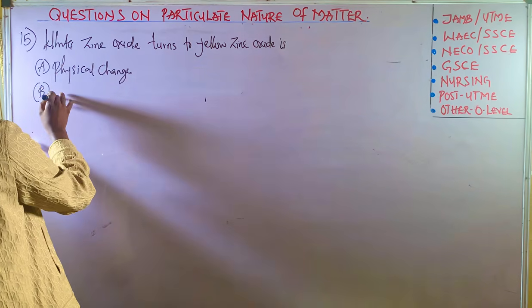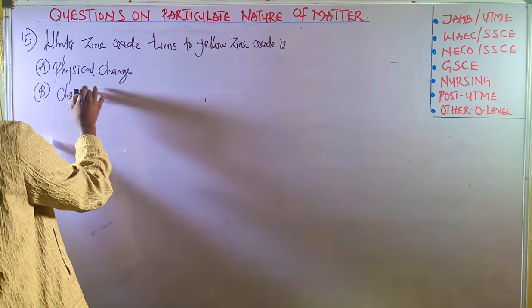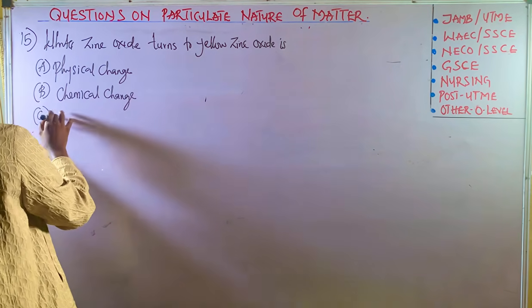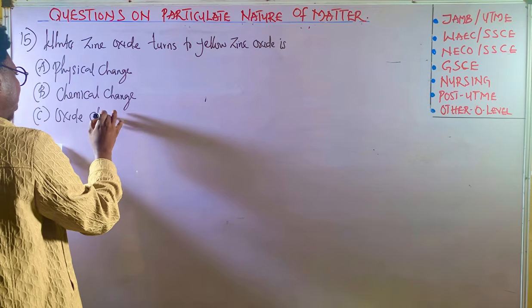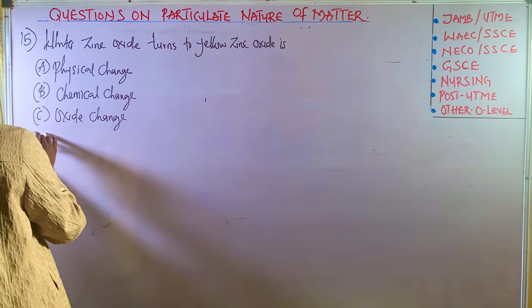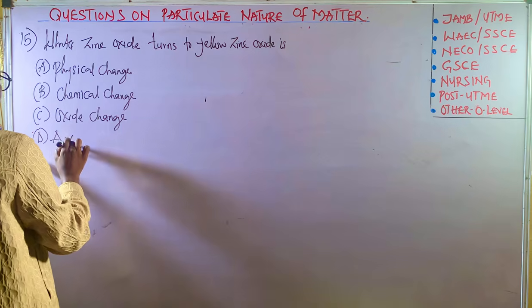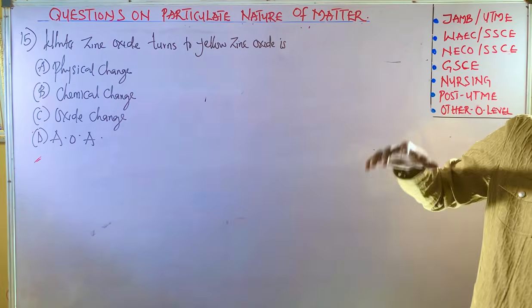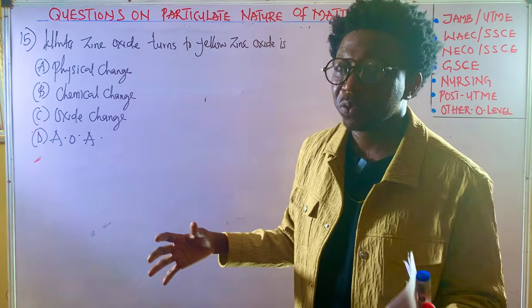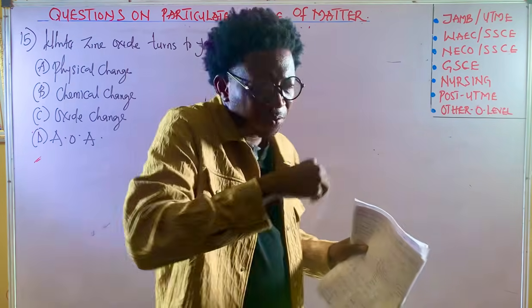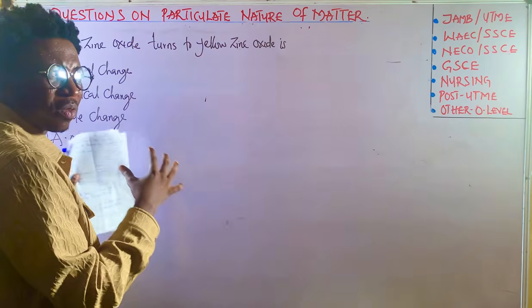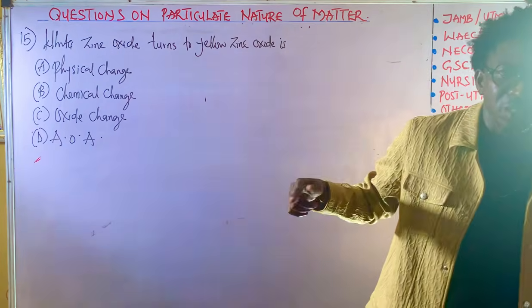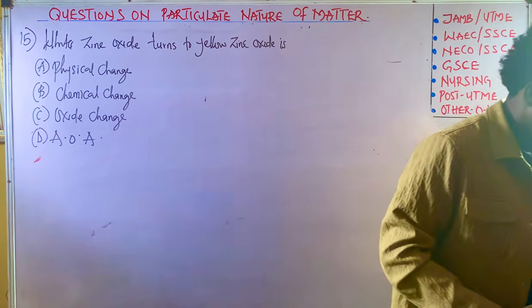Option B, chemical change. Option C, oxide change. Option D, all of the above. Like I said, these are simple questions. You've read this topic, you should be able to answer all these. First read them, pause this video, answer them, then play back to see my solution and see if you're correct.